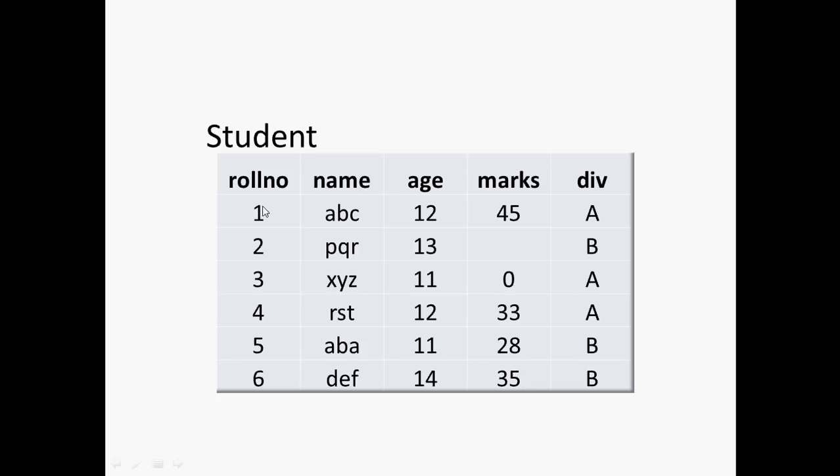For example, roll number is going to store numeric data, name will store string data, similar to age, marks and division. So creation of a table and specifying what columns it will have and what kind of data each column will store, that we call DDL. By executing a DDL command we get a table but we don't have any data. So you will have an empty table without any information.